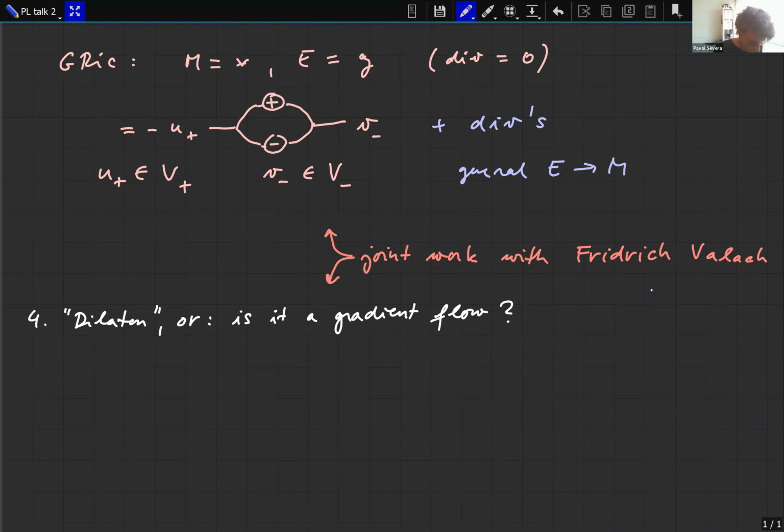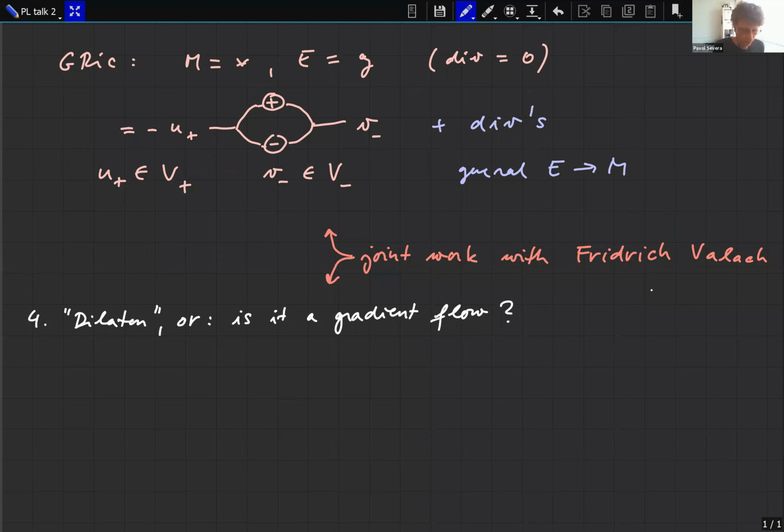Okay. And now, so far I told you there is some kind of generalized Ricci flow for a generalized metric in an arbitrary Courant algebroid. And the next part is about, okay, it's called dilaton, or is it a gradient flow?